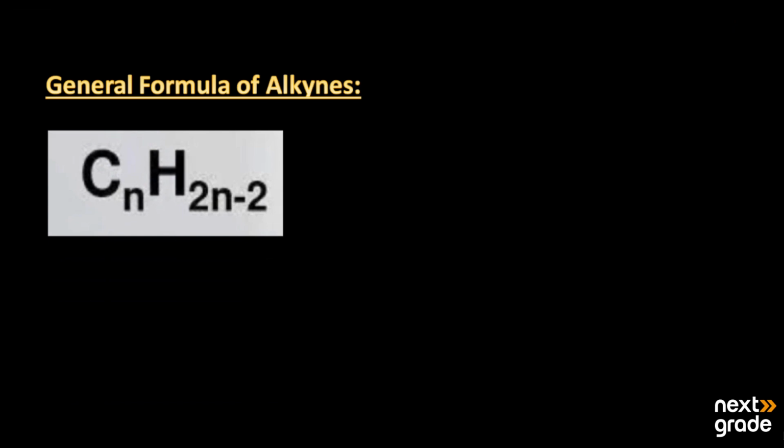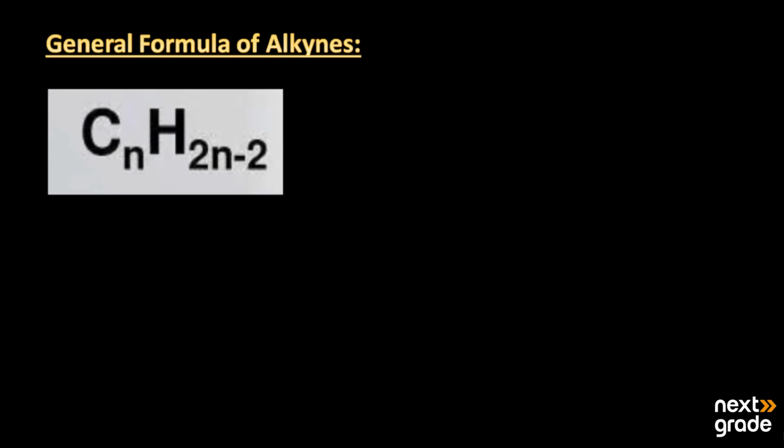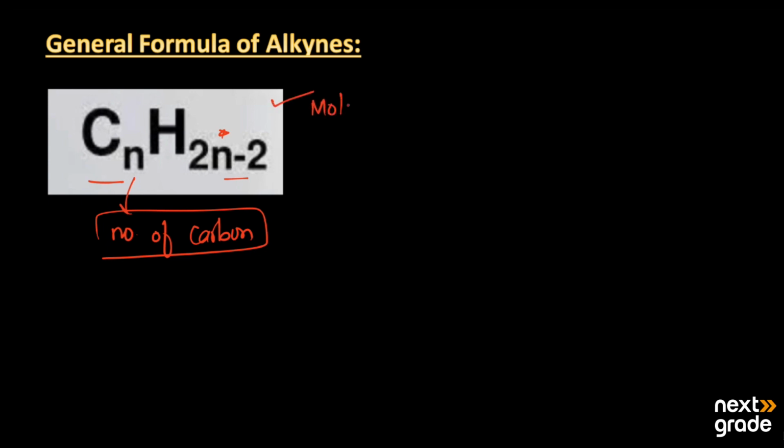Next we have the general formula for the alkynes. Alkynes have the formula CnH2n minus 2, where n denotes the number of carbon atoms. We just need to put in the number of carbon atoms and we will be able to find its molecular formula, and then from the molecular formula we will be able to find its structural formula and electron dot and cross structure easily.